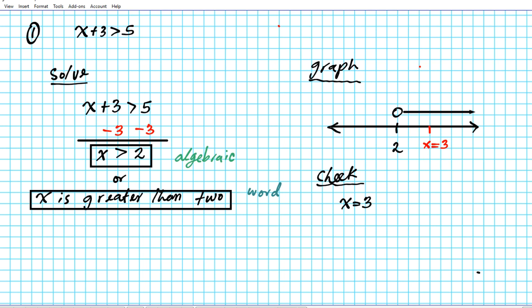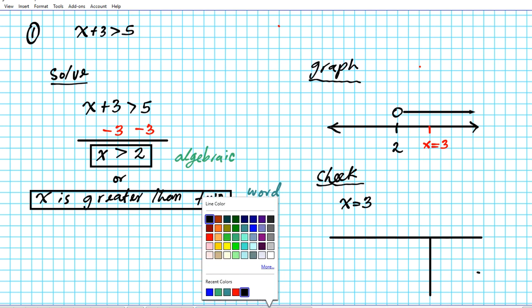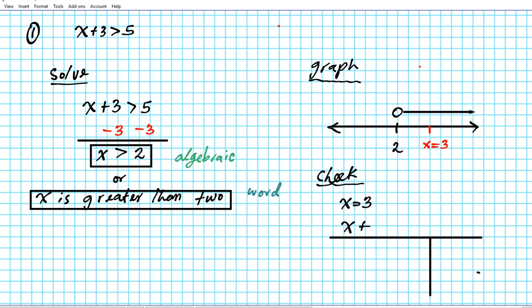We're going to put this into a t-chart because we are trying to write a proof to show that our solution is in fact correct. The inequality that we were given at the onset is x plus 3 is greater than 5. So how do we do our check?